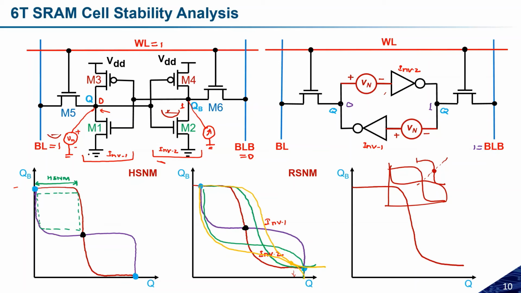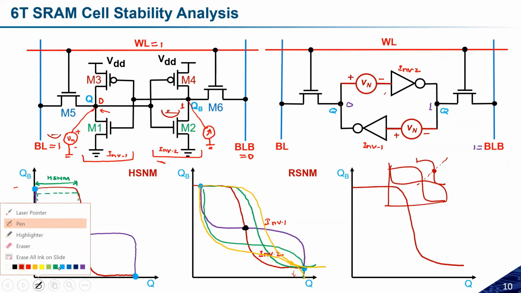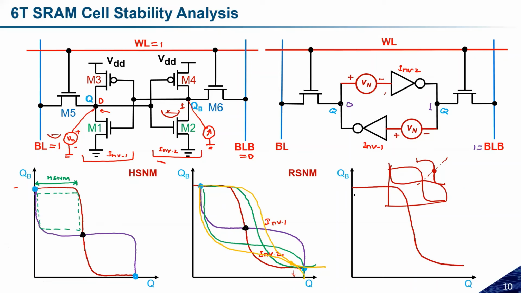And on the other side, QB is already 1, and if I am changing it from 0 to 1, there is no meaning. So it will reduce some voltage, but it will be something like this. This kind of behavior will be observed.